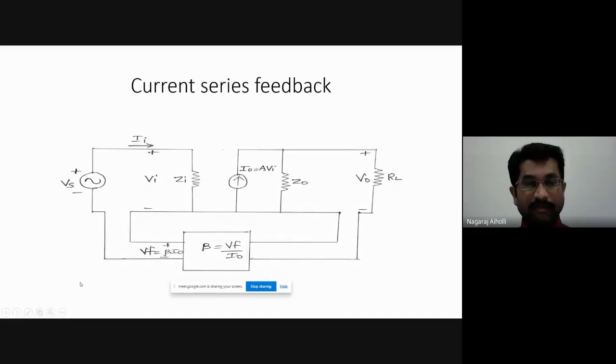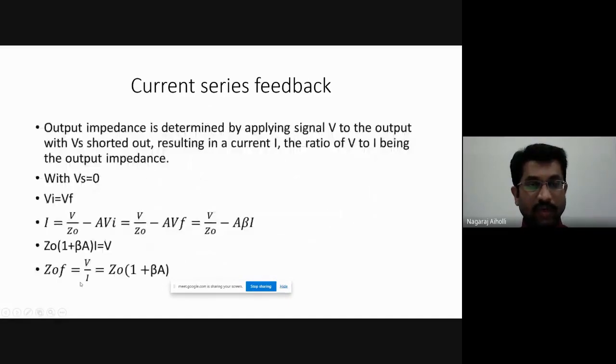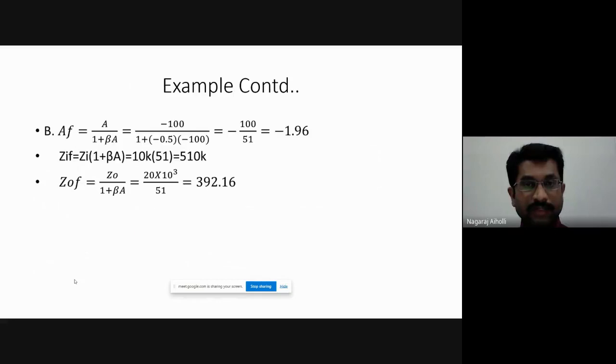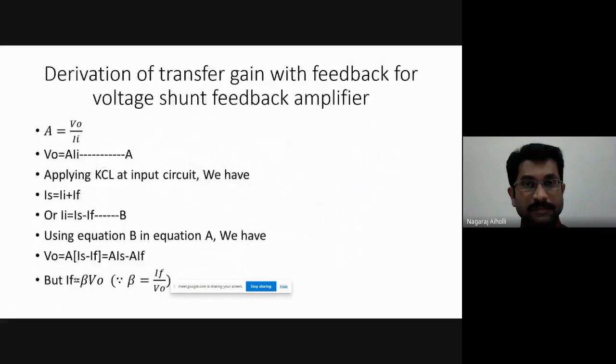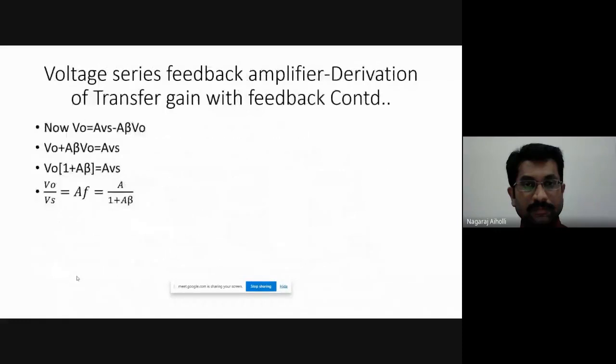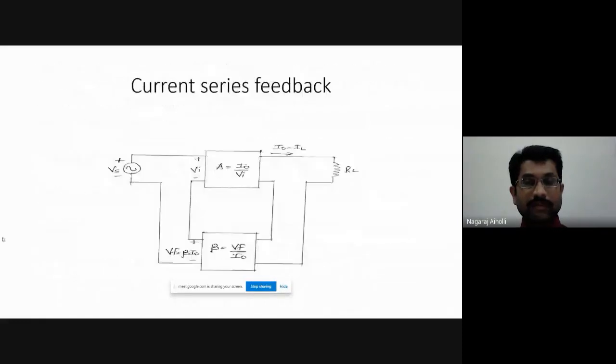Current series feedback amplifier. We are deriving the equation for the output impedance of the current series feedback amplifier. Let us see the basic circuit of the current series feedback amplifier.